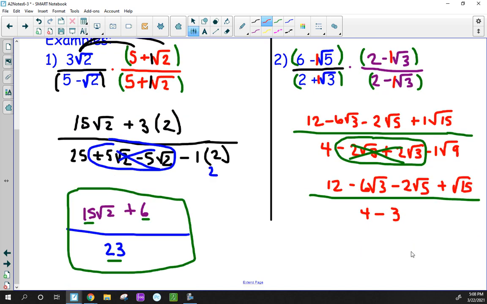And 4 minus 3 is just 1. And so my final answer, I don't have to write divide by 1. I'm just going to say 12 minus 6 square root of 3 minus 2 radical 5 plus radical 15. And that is a good answer.